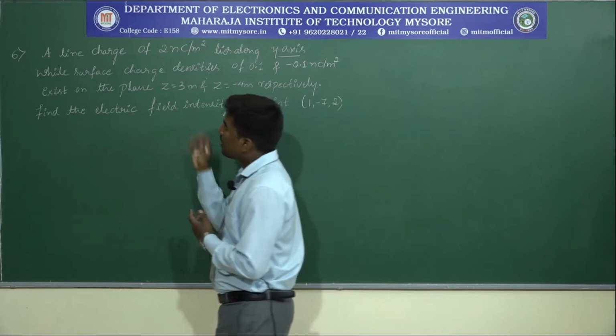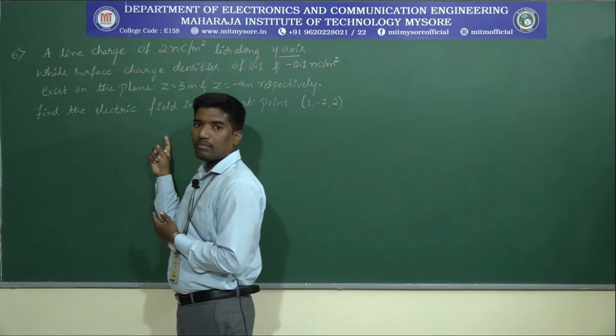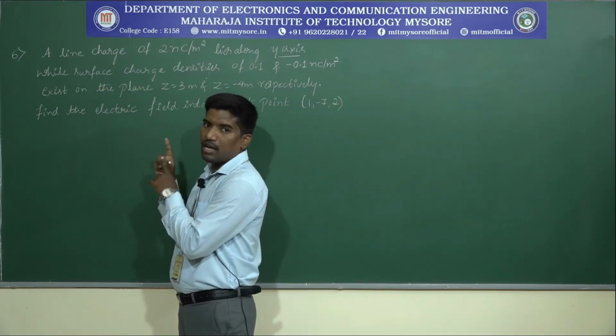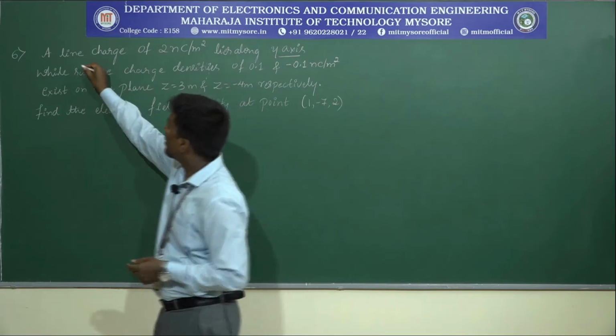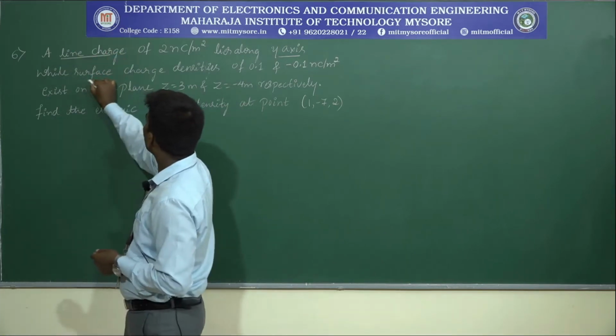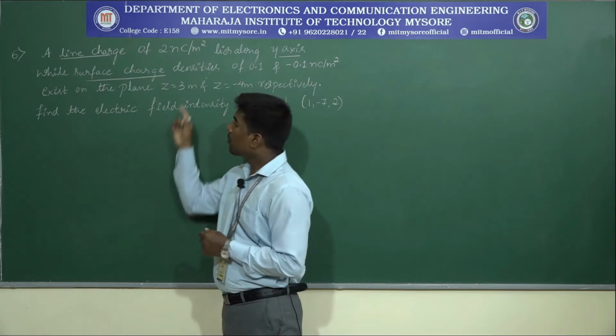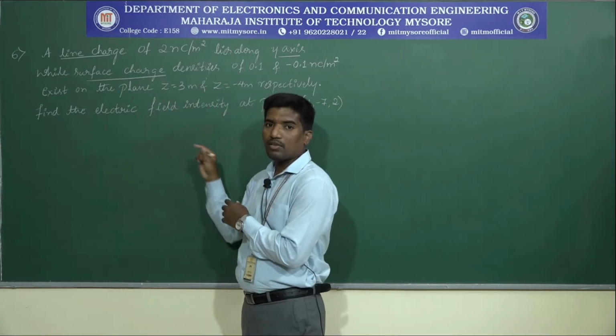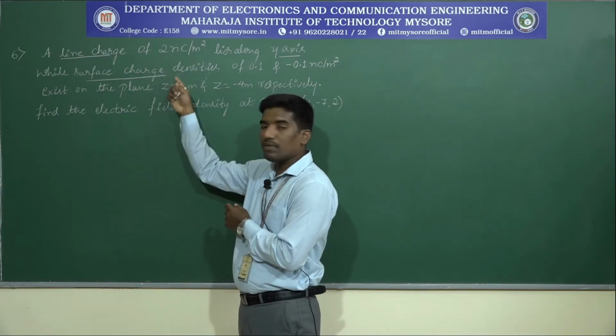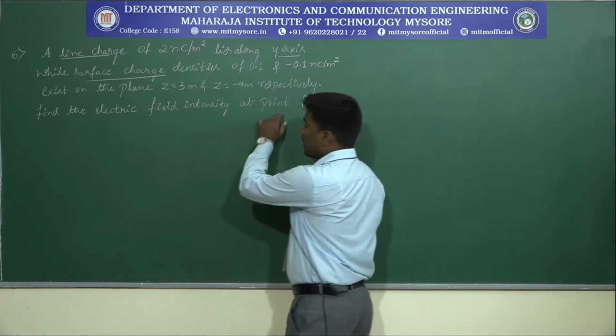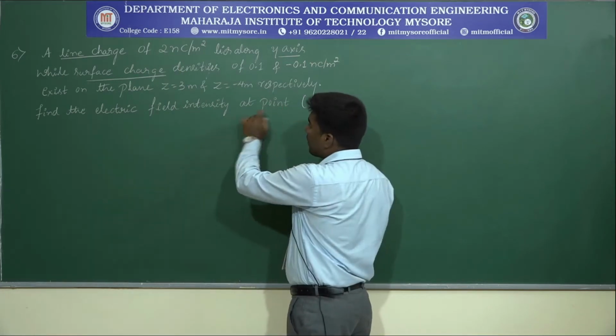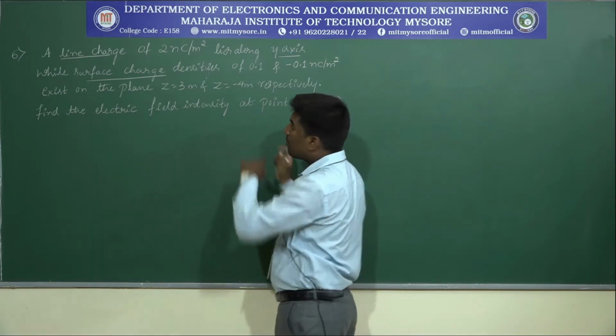You need to observe that in this particular problem statement there are two different charges. One is line charge and another one is surface charge. So this problem statement is a combination of both line charge and surface charge. At point P, electric field intensity is contributed by both.